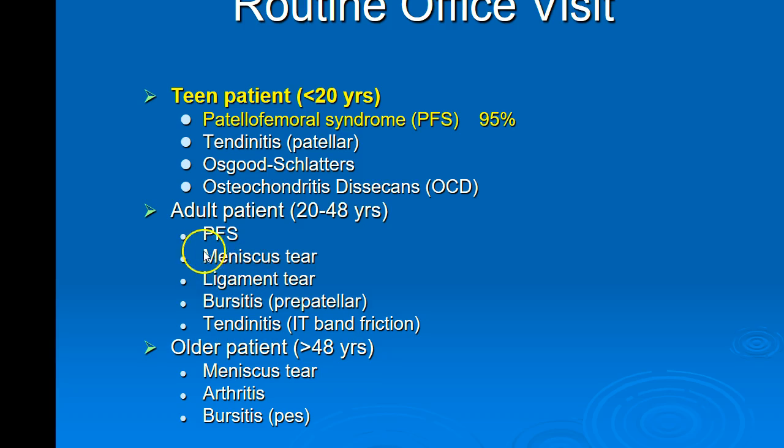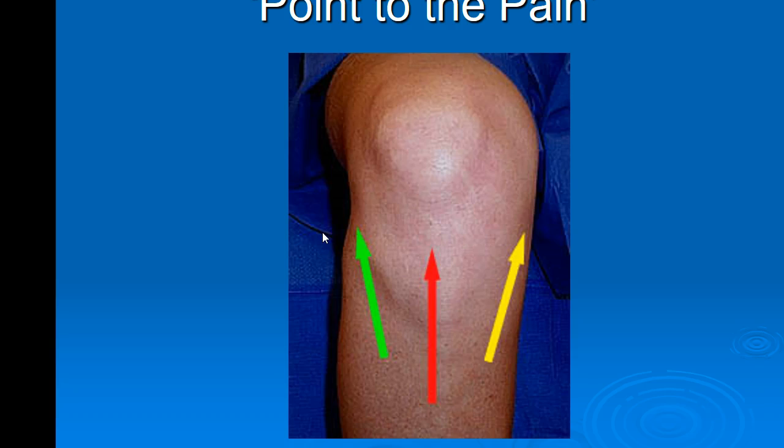You will also see in the adult population, ages 20 to 48, you can see right here, number 1 on the list is also your patellofemoral syndrome. So this is going to be someone who comes in and, like I said, usually it's atraumatic. It may be acute in terms of onset of the pain, but there's usually not going to be trauma involved.